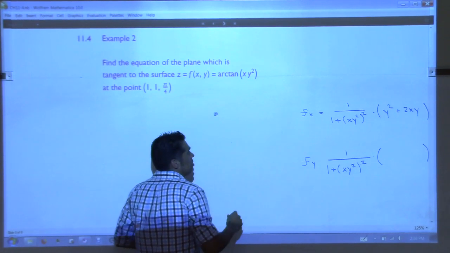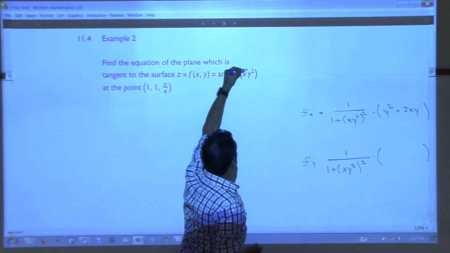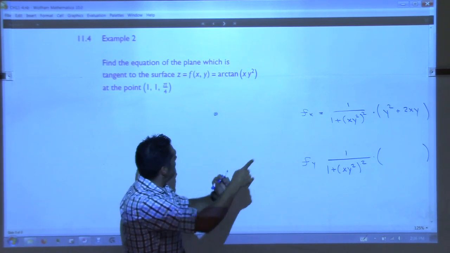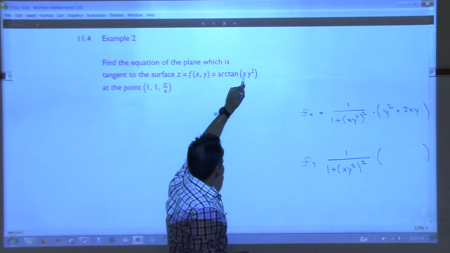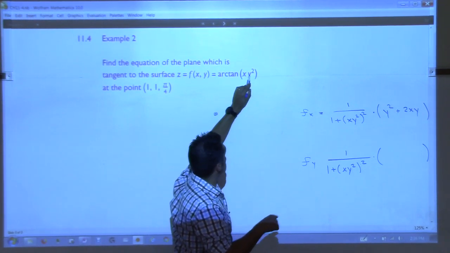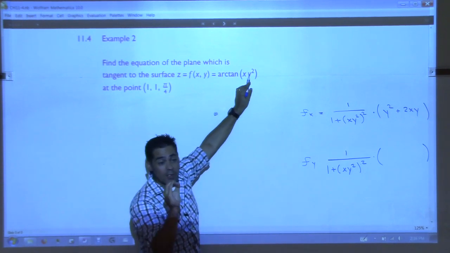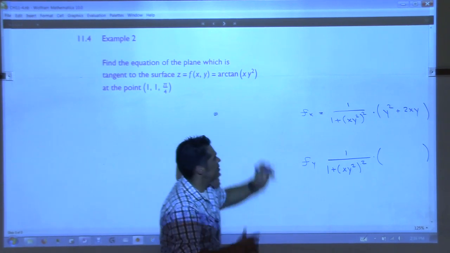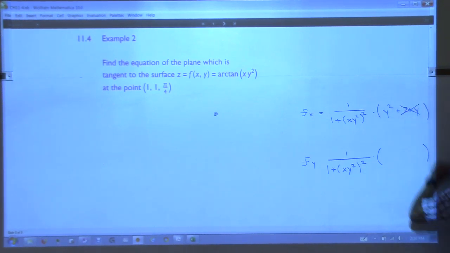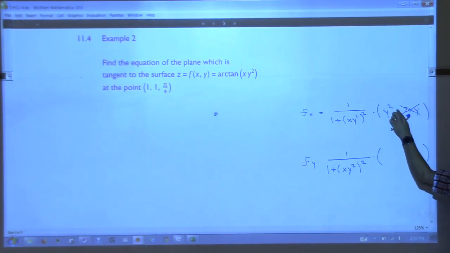If you were going to use the product rule, that would be okay, but the derivative of x here would be 1 times y squared, plus the derivative of y squared, which would be 0. So that part is 0, and it should be just y squared in there. Sorry, I should have pointed that out.